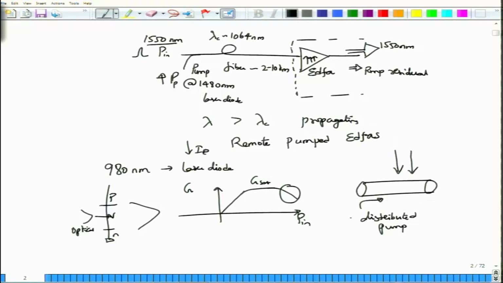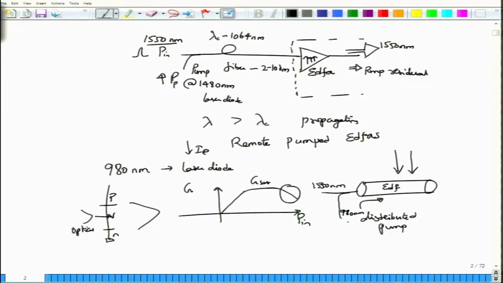However, in this case the 980 nanometer pump has to be coupled along with the light that is propagating. So, clearly if 980 nanometer has to be coupled, the cutoff wavelength of this erbium doped fiber must be different than that of the single mode fiber, in the sense that it has to have a lower cutoff wavelength so that it can support 980 nanometer on one hand and of course 1550 nanometer on the other hand.